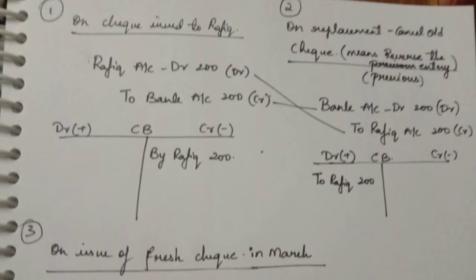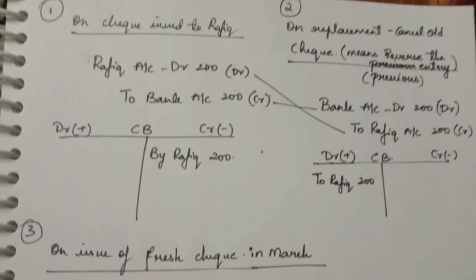So it would be the earlier entry in the month in which Surendra issued a check to Rafiq. Okay, it is an earlier entry, but on replacement, because the check got outdated, Surendra issued another check replacing this old check.